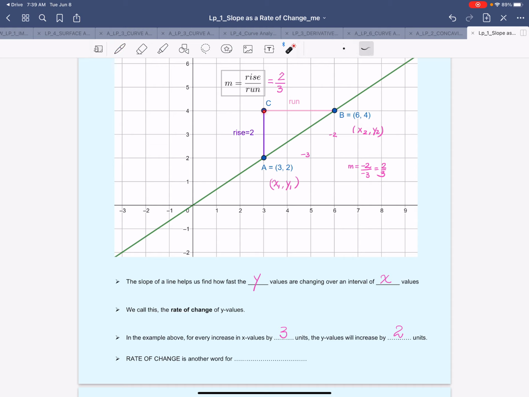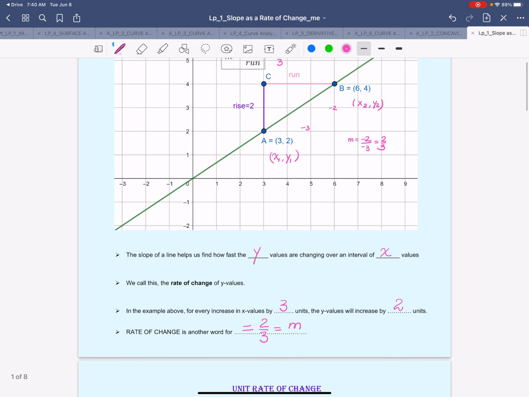So when the x values increased 3 units, which means we moved to the right, the y values increased by 2 units. Now, we are going to say that the rate of change of this line will be 2 over 3, which matches the slope of the line.